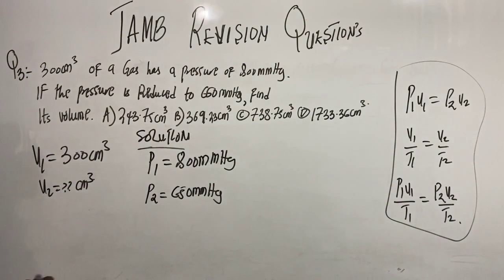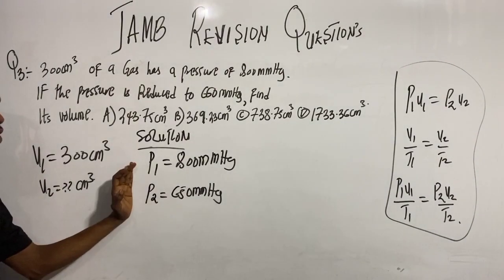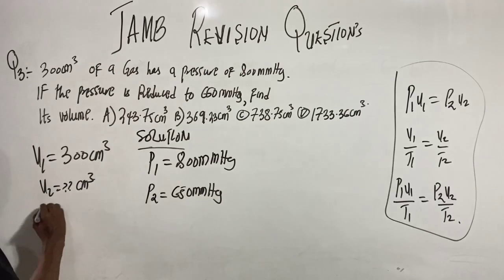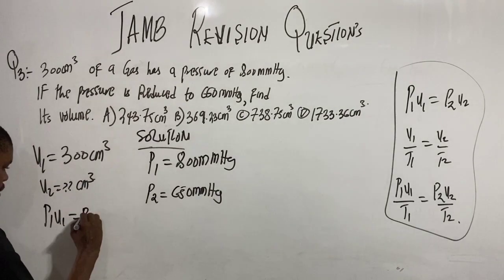So which one are we going to use? Is it Boyle's law, Charles' law, or the JAMB gas law? Now because I'm looking at volume and pressure, I'm using P1 V1 equals P2 V2.